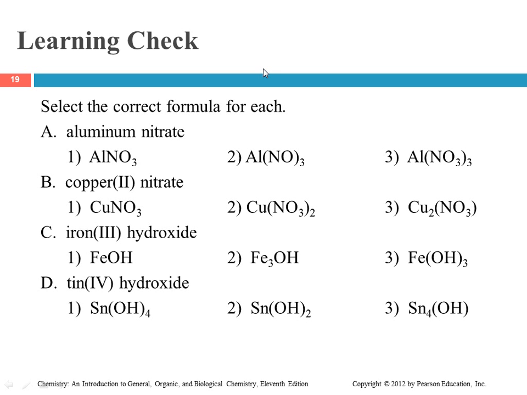So then we swap our charges. So we end up with... it's very common for students to accidentally forget this 3. Remember, you have to include the whole polyatomic ion, and now we have 3 of those in the formula. So number 3 up here would be our answer there.